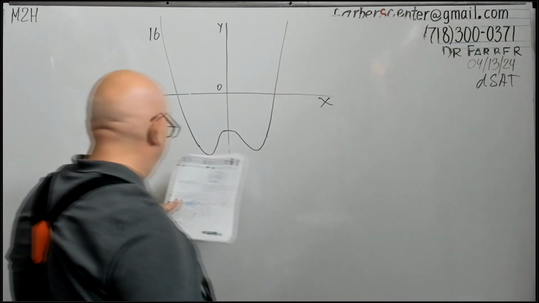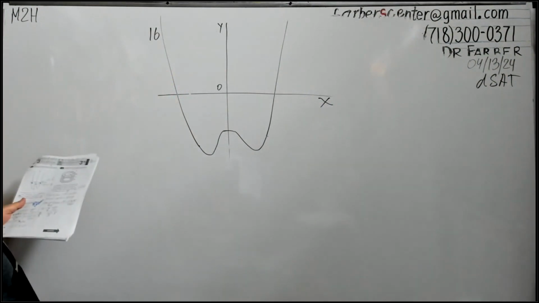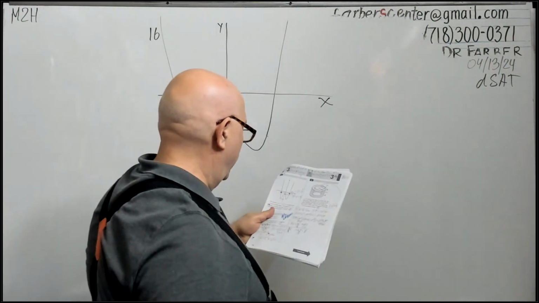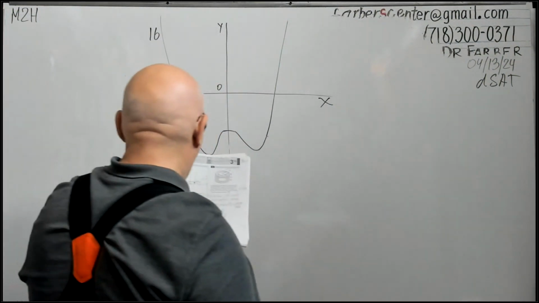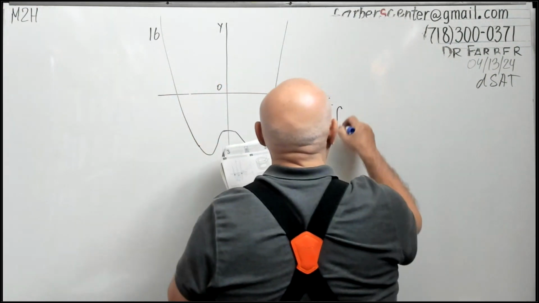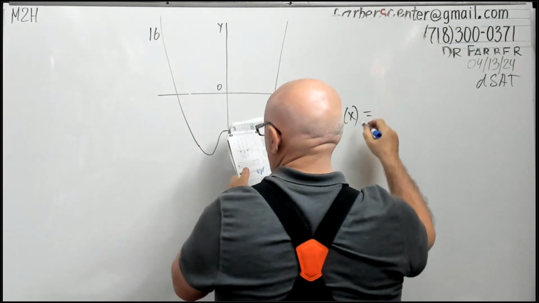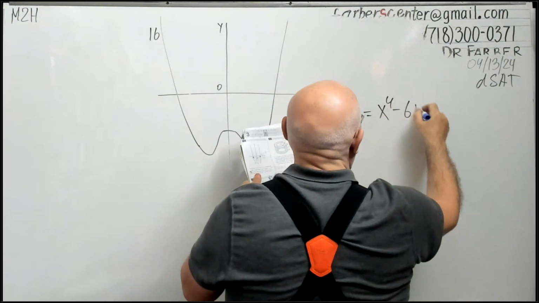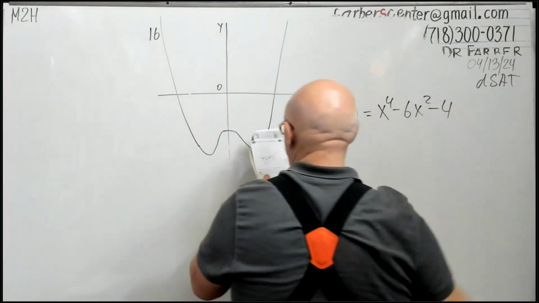The equation of this graph is graphed in the x, y plane, and the equation is y equals -3. We are given f of x equals x to the fourth minus 4x to the second minus 4.